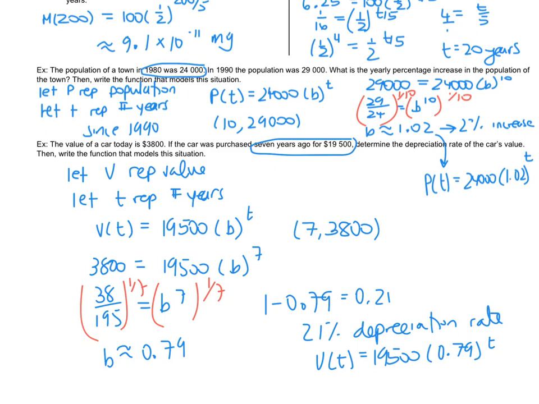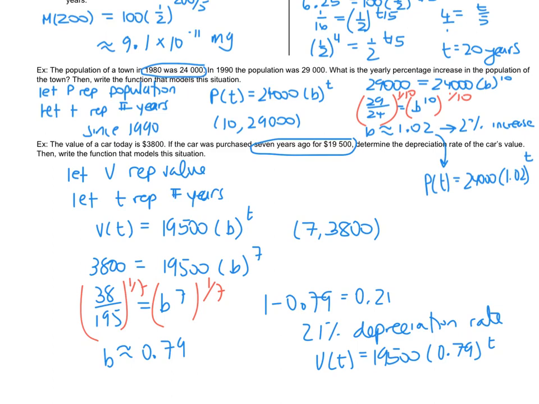All right, so when you plug your value in and you divide both sides by 19,500, again, I kept it as a fraction so I don't lose accuracy. So I have 38 over 195 equals B to the 7. And to get rid of that exponent, I'm just going to raise both sides to the power of 1 over 7. And when I do that, I get approximately 0.79 for my base.